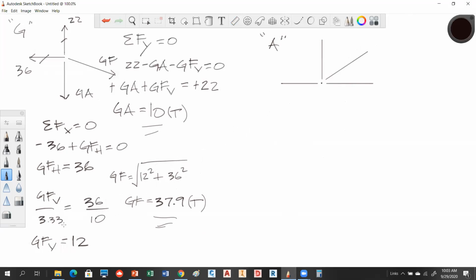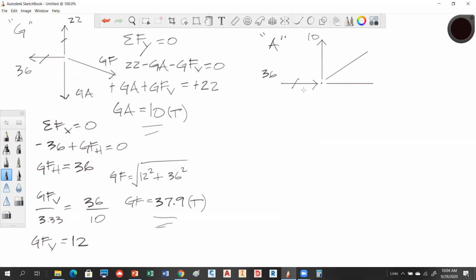So let's see. The member coming down, GA, was a tension member, right? So this guy, this is GA, that's tension, and we just said that's 10. We have a reaction here, and that reaction was doing that, right? What was the reaction of A? It was 36, wasn't it? That was the reaction.